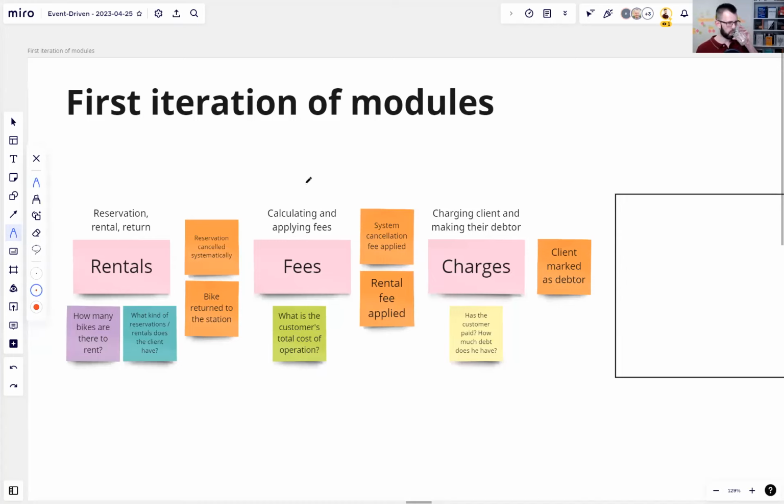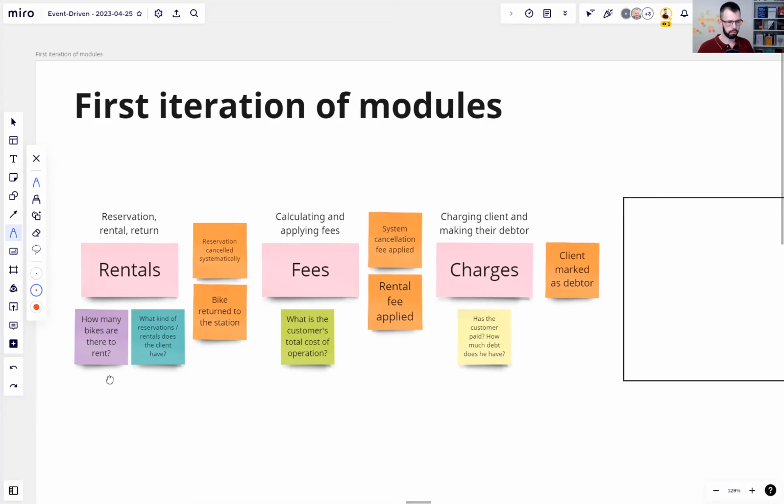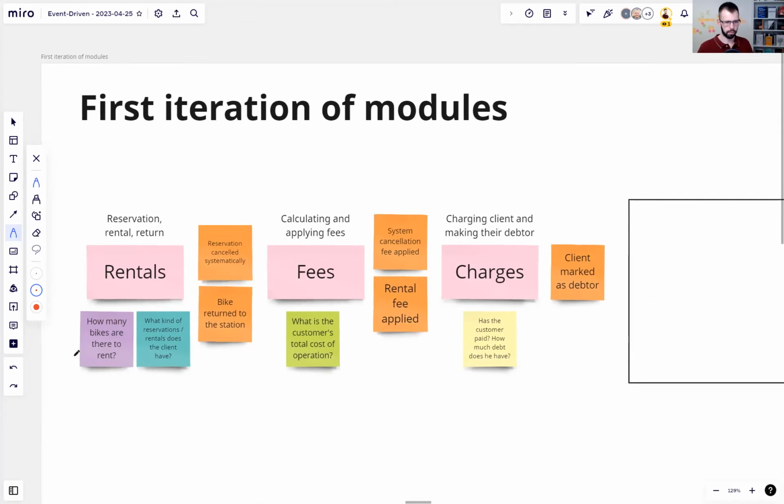So one thing from my side, what I can see is that these modules have a high potential to grow a lot, and when they start growing, probably there will be differences from the ubiquitous language perspective, because you will have several things which will mean something completely different, and then you will need to split it.